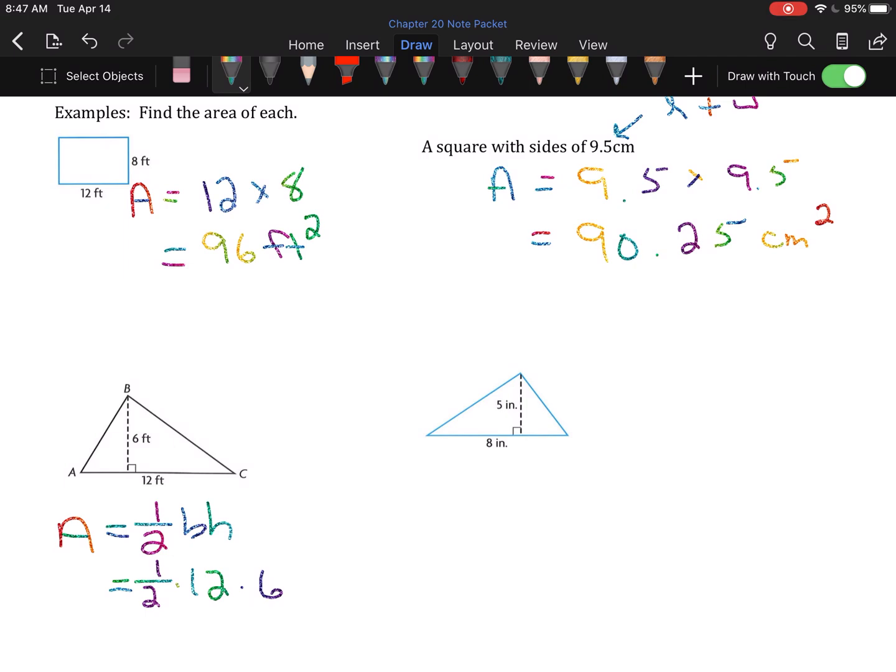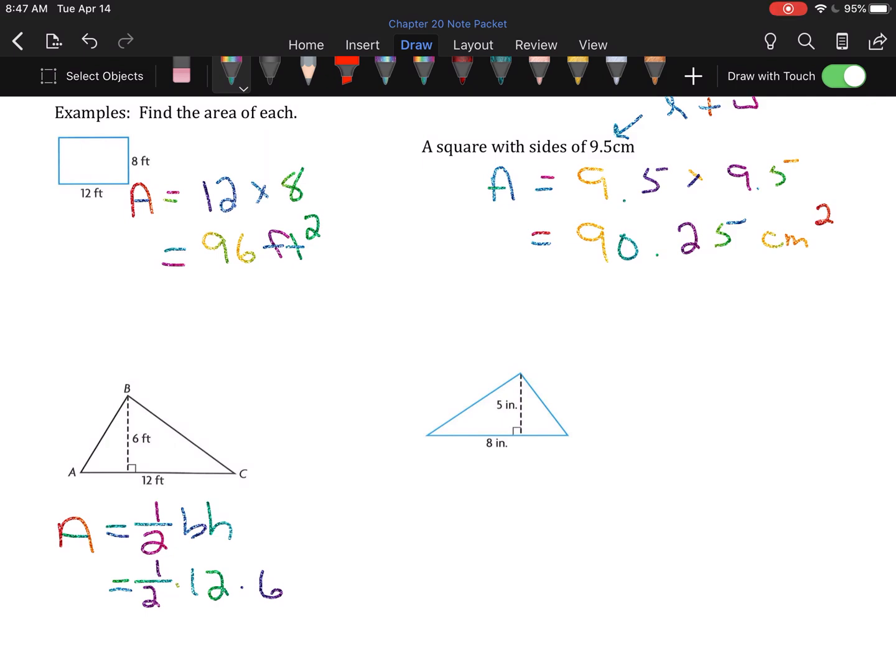Okay, the base is going to be one of the sides of the triangle, and the height is usually going to be a dashed line dropping down and touching the triangle. That's not necessarily always the case. Sometimes the height can also be a side of the triangle. That would be a right triangle.